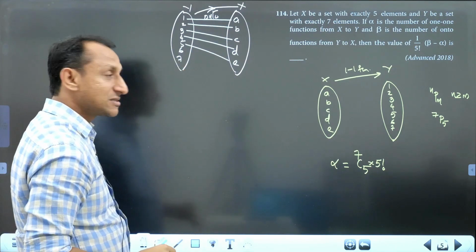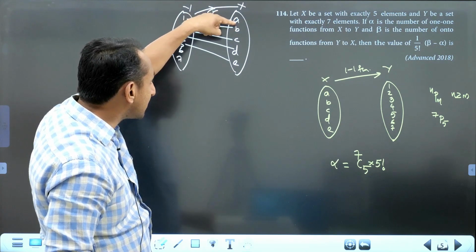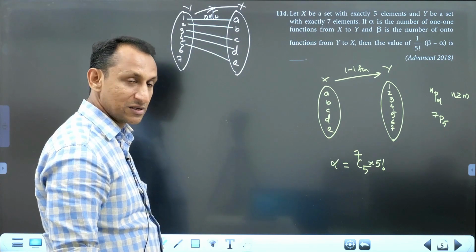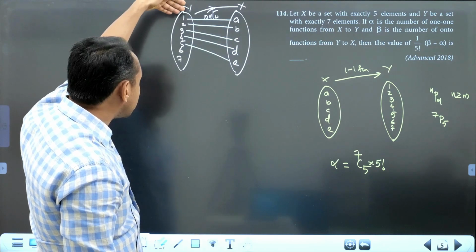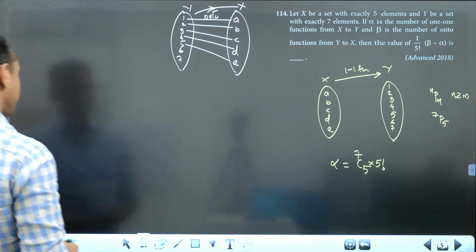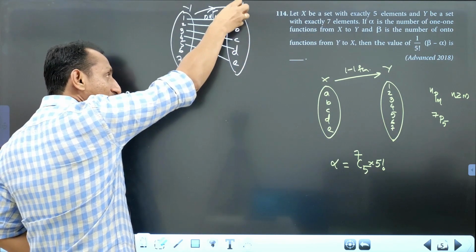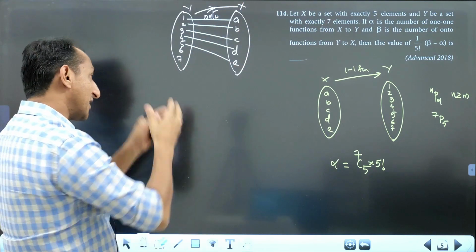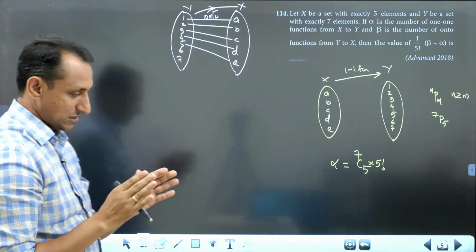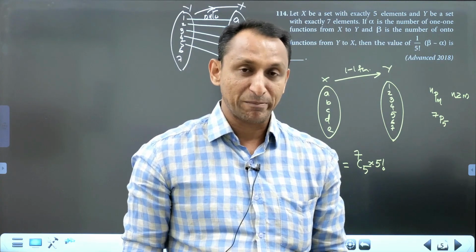The remaining 2 elements take images from the others. So we divide these 7 into 5 different groups, because there are 5 different elements, using permutation and combination grouping.